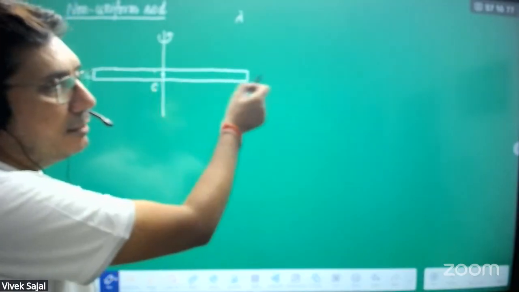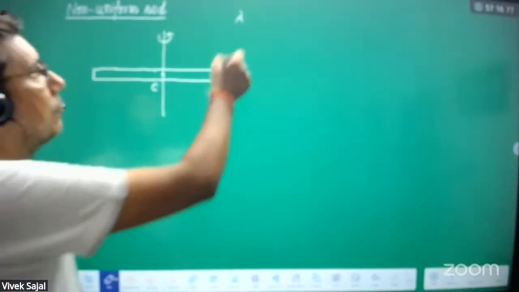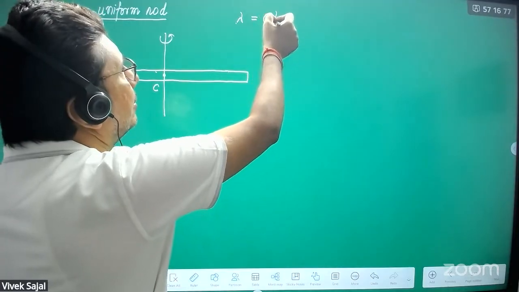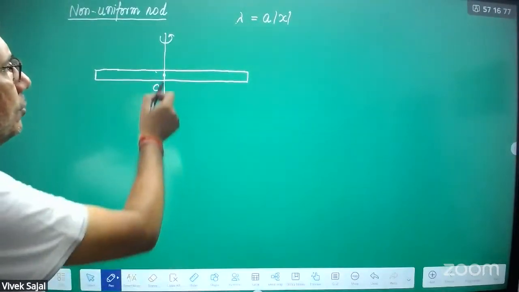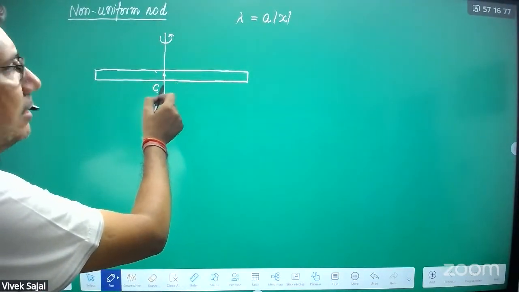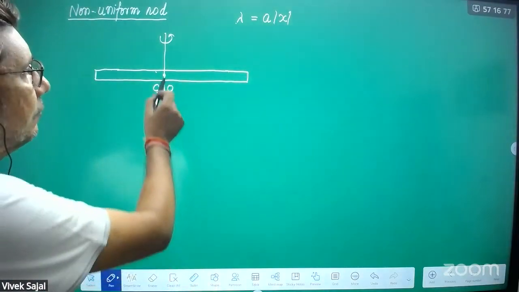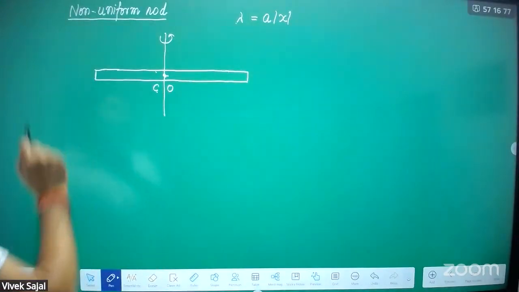Its lambda is changing with its length. So suppose lambda is a times mod of x, where a is a constant. This is not only the center of mass, this is also the origin. And x is the distance from the origin. So on this side, it will be plus x, and on this side, it will be minus x.